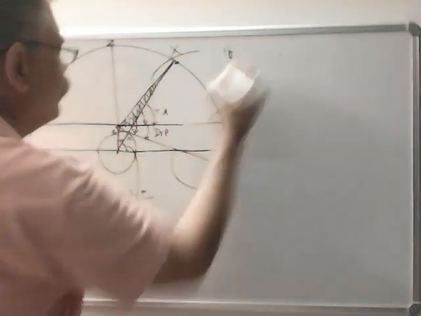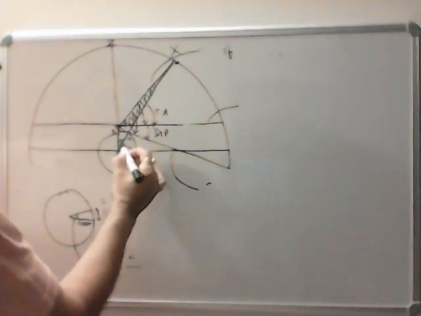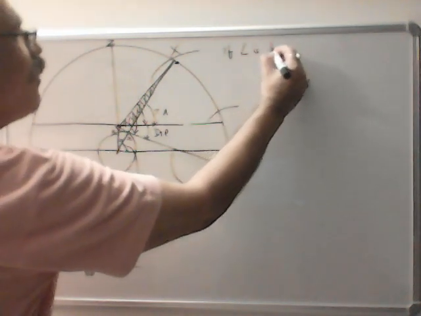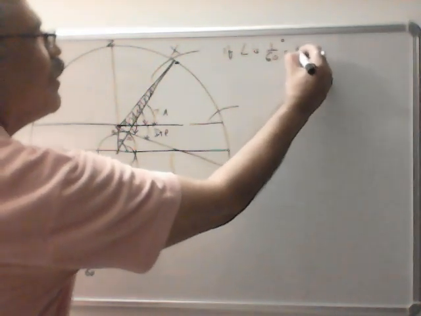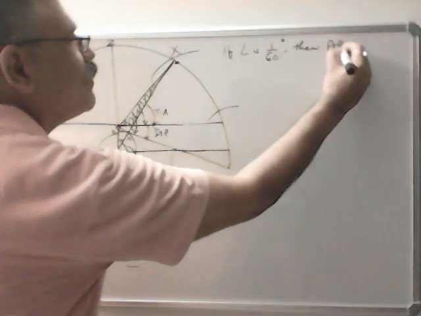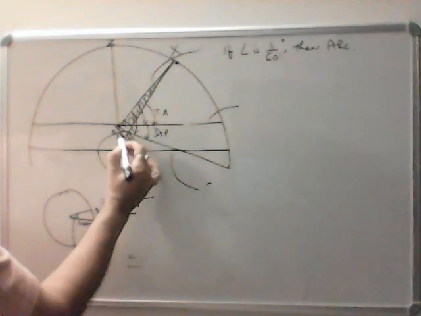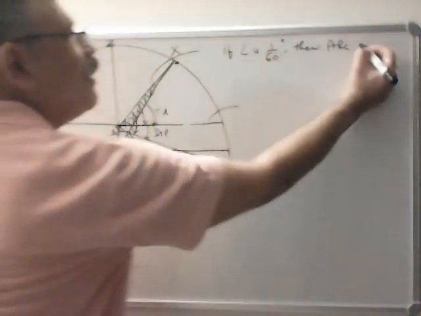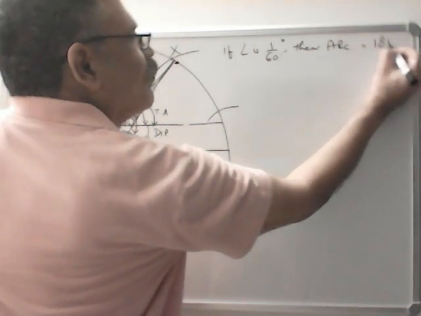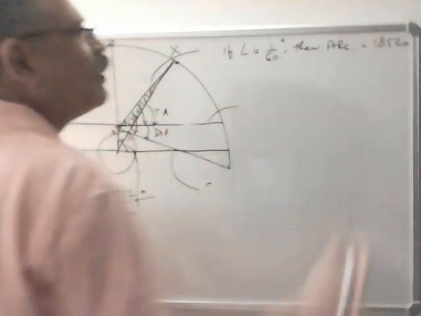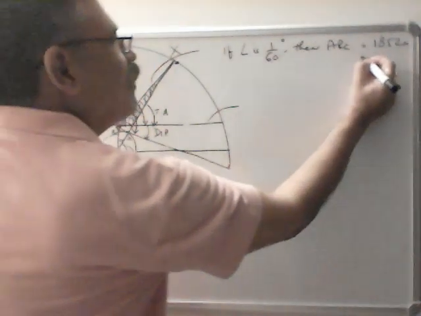If this angle is 1 upon 60 degrees, then the length of this arc is 1852 meters, or you can say 1 nautical mile.